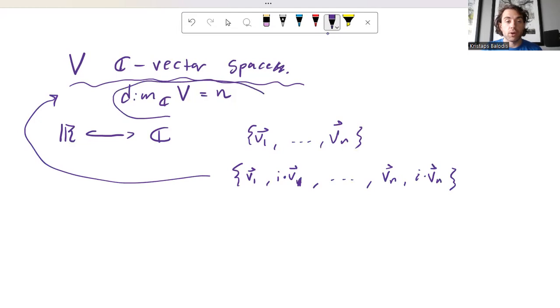So if you have an n-dimensional complex vector space, then the underlying real vector space will have dimension 2n, generally speaking. Okay, so that's one way in which we go from complex vector spaces down to real vector spaces.